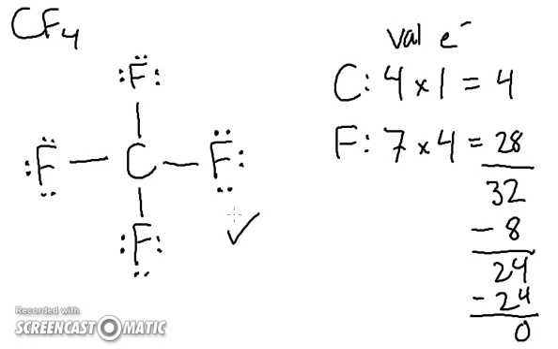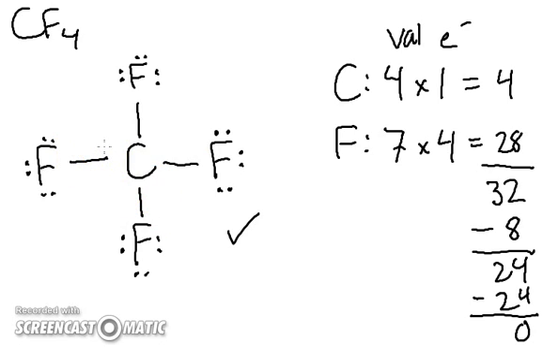We also want to check that each atom has an octet. We've checked the fluorines when we were adding the lone pairs, but we could check again, seeing that, for instance, this fluorine has 2 from the bond, 4, 6, 8, including the lone pairs, so it has its 8, and each of the other fluorines would be counted very similarly. We have not yet checked the carbon, and so we should do that as well. We see that the carbon has a total of 1, 2, 3, 4 bonds shown to it.